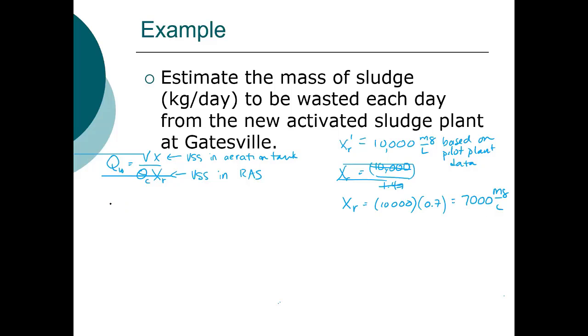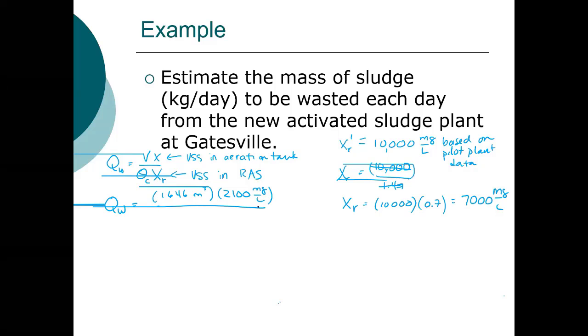So then QW, our waste flow rate, is the volume of the reactor times 2,100 milligrams per liter, the VSS in the aeration tank, divided by 8.2 days, and I apologize for all these lines, times 7,000 milligrams per liter, and that is 87 meters cubed per day.